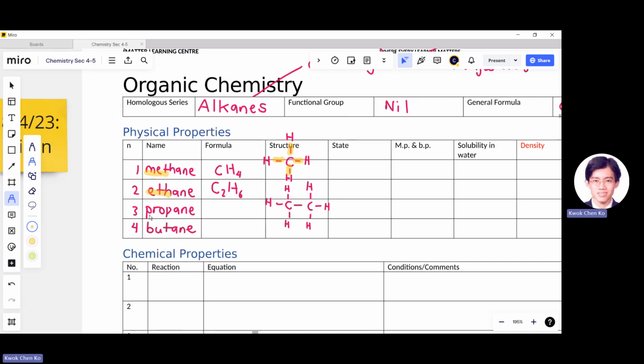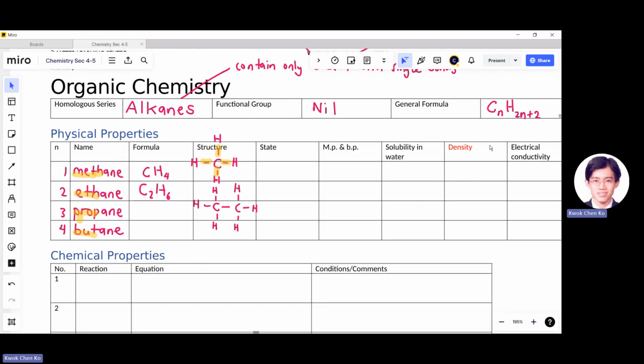But means 4 carbons. So very simple, both of you write out the formula and draw the structure for both. Use the general formula, please.